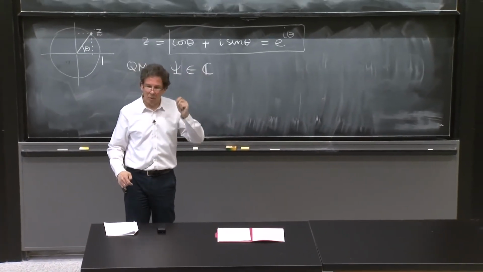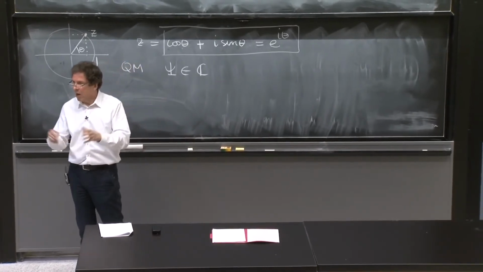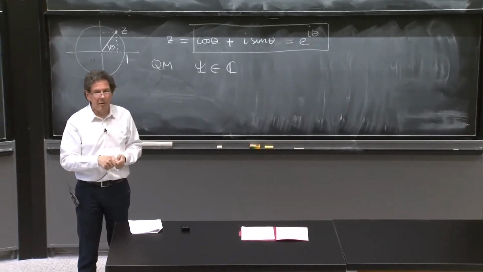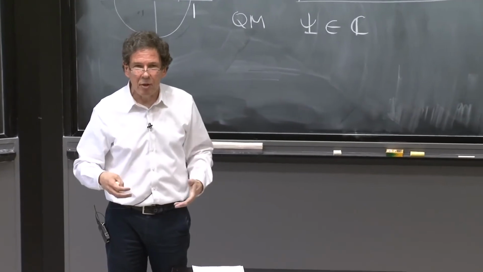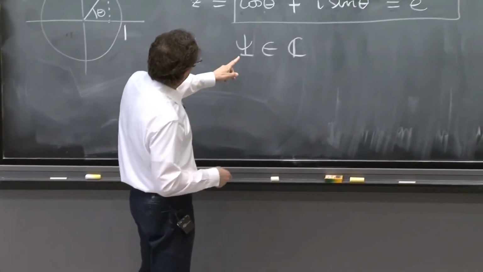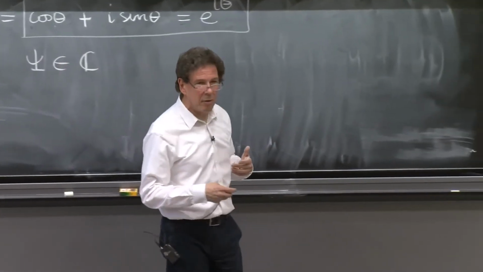They're not auxiliary. On the other hand, you can never measure a complex number. You measure real numbers: ammeter, position, weight, anything that you really measure at the end of the day is a real number. So if the wave function was a complex number, there was the issue of what is the physical interpretation.